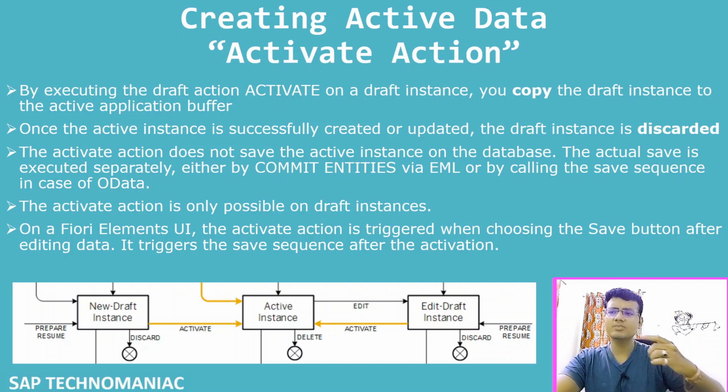How the save sequence works at runtime, I also explained in the managed and unmanaged scenarios. But until the save sequence triggers with the commit entities statement, the data will remain in the active instance.